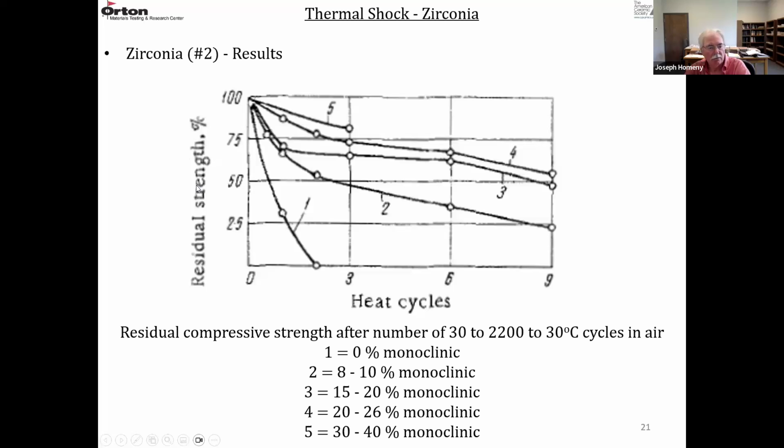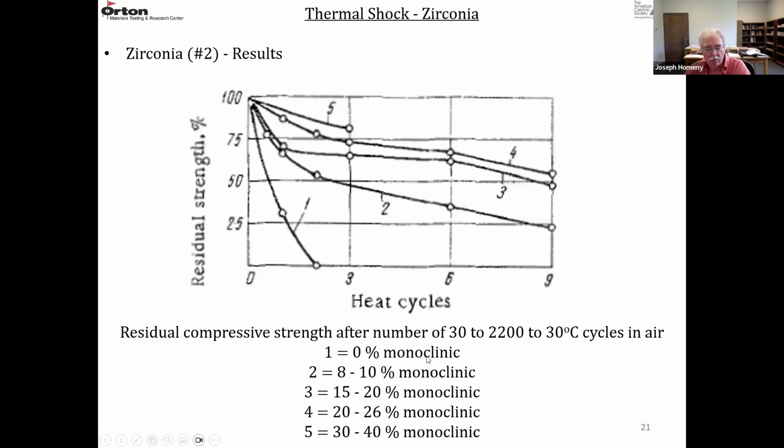So if you plotted residual strength versus the number of heat cycles, this is the residual compressive strength after a number of cycles in air, going from 30 degrees C to 2200 degrees C and back down to 30 degrees C. So 0 to 9 heat cycles and residual strength from 0 to 100.